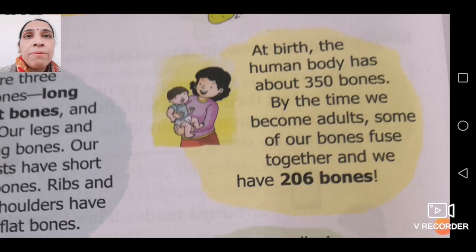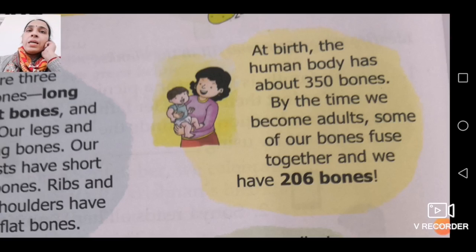So here children, you have to remember that at the time of birth a human body has about 350 bones. And as we become adult, the number of bones gets smaller as they fuse together, and once we become adult, we will have 206 bones.